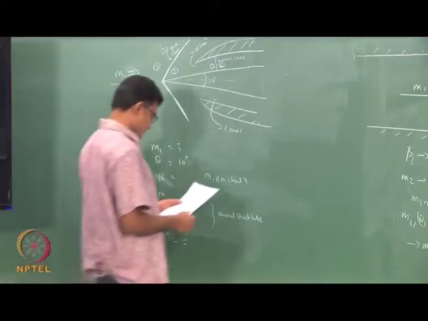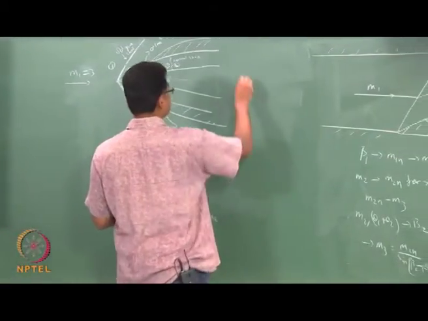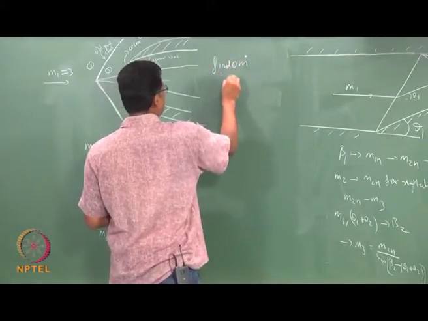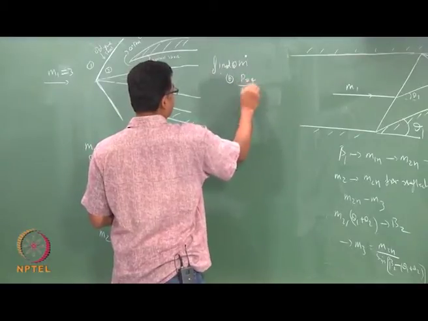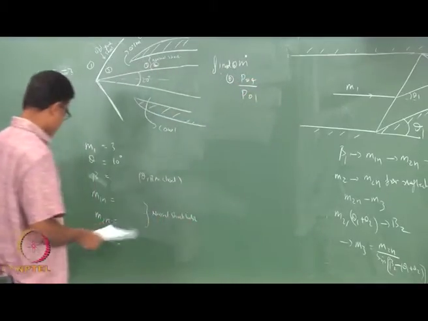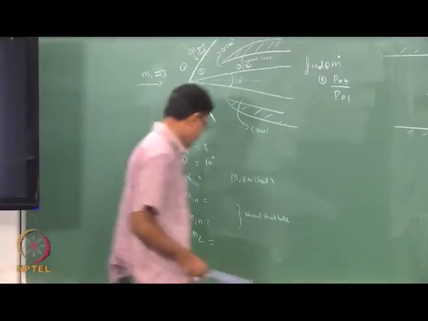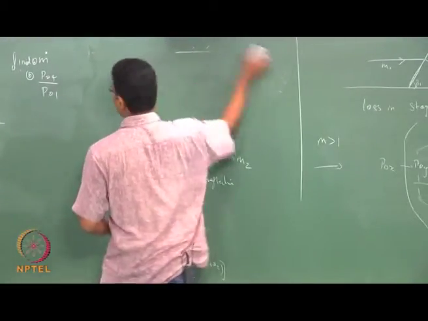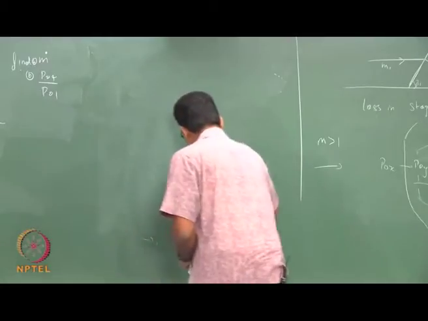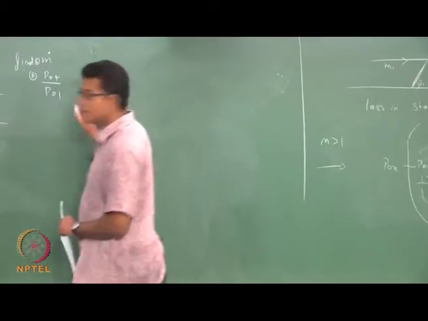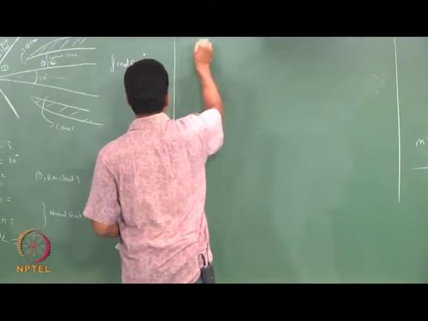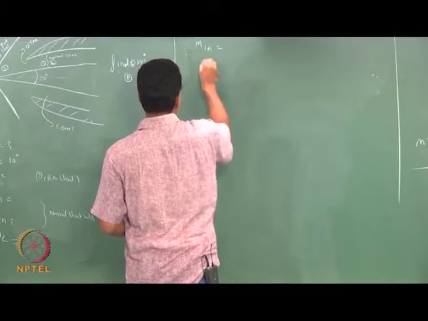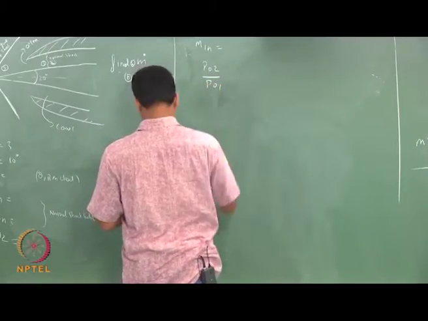So, the question is to find P04 by P01. The moment you have M1n, you can find P02 by P01.